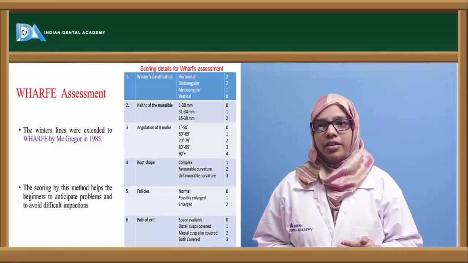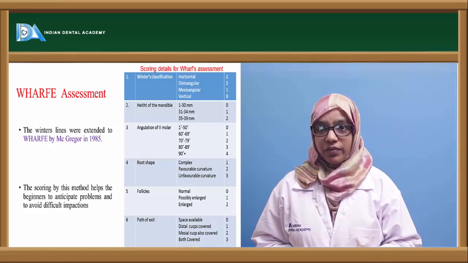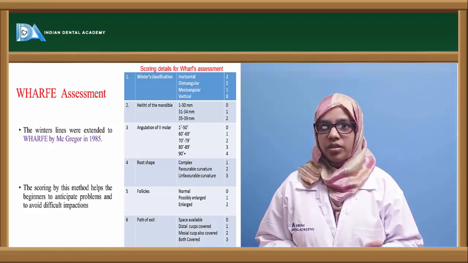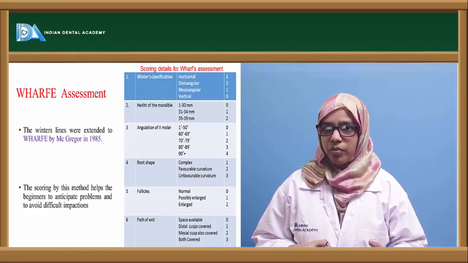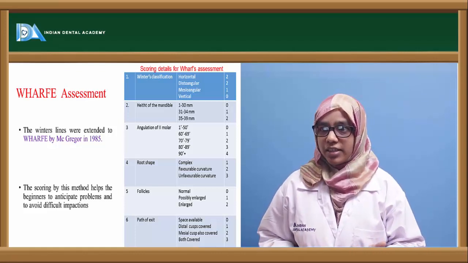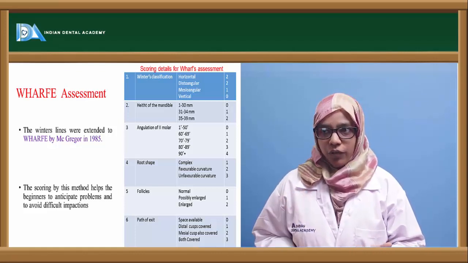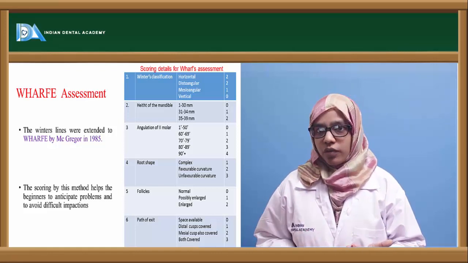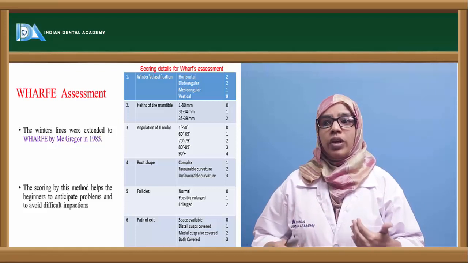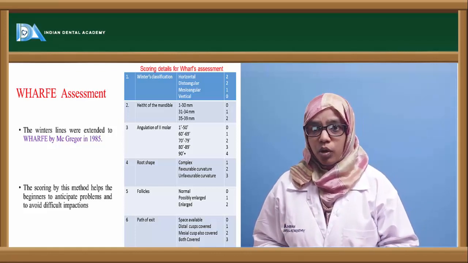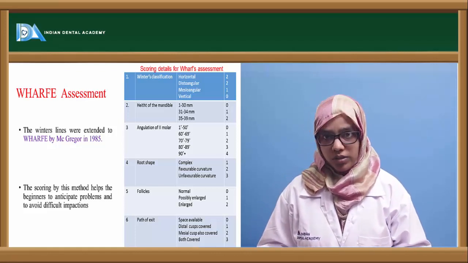Then McGregor in 1985 have given another assessment. McGregor not only involved the angle and the depth, but other important criteria like the height of the mandible, the angulation of the second molar, the root shape and the follicle into the assessment to help the beginners to anticipate the problem and to avoid them during third molar surgery.